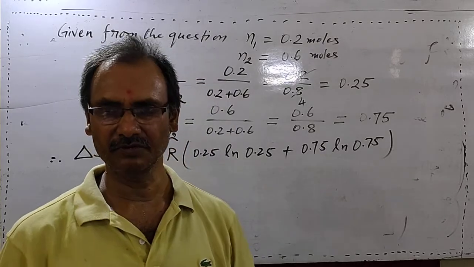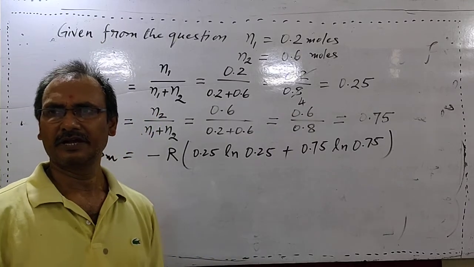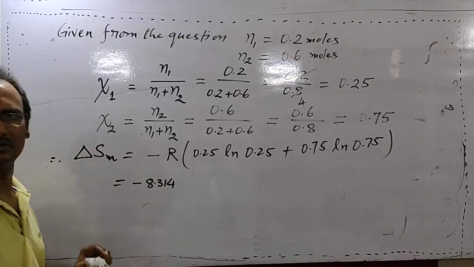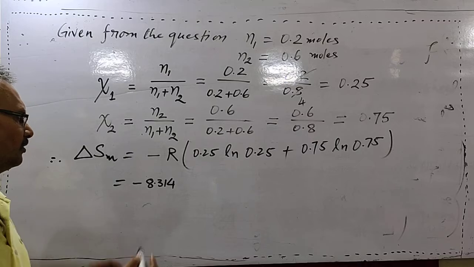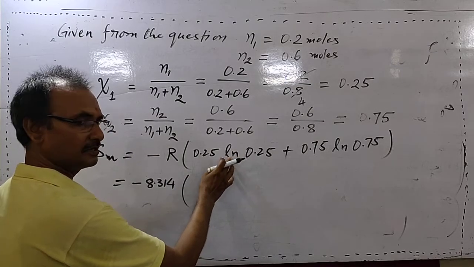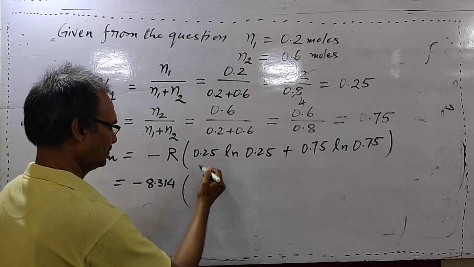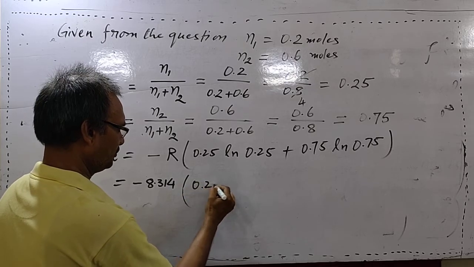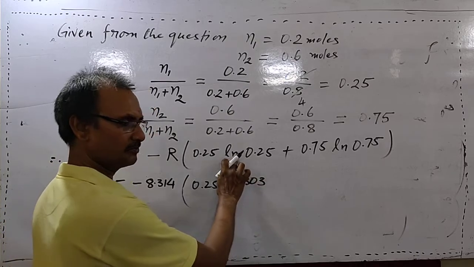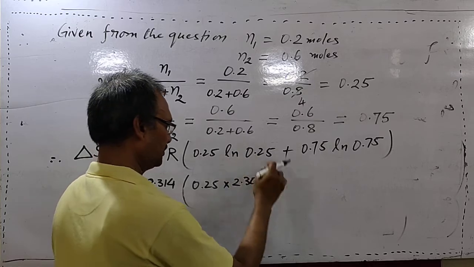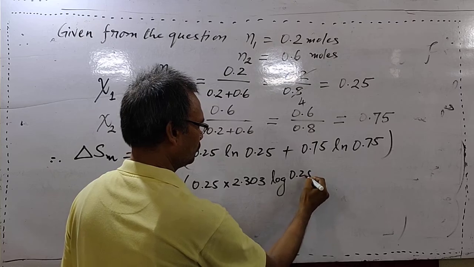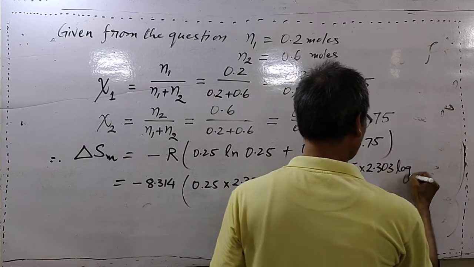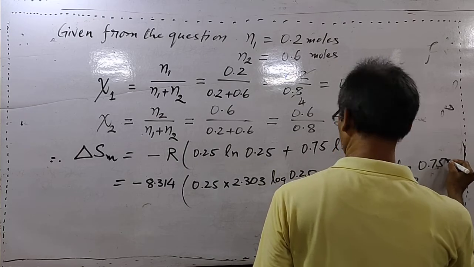The value of R in SI units is 8.314. This is equal to minus 8.314 joule per Kelvin per mole, and convert it into natural log to log base 10: 0.25 into 2.303, which is the relation between natural log and log to the base 10, log 0.25 plus 0.75 into 2.303 log to the base 10 of 0.75.